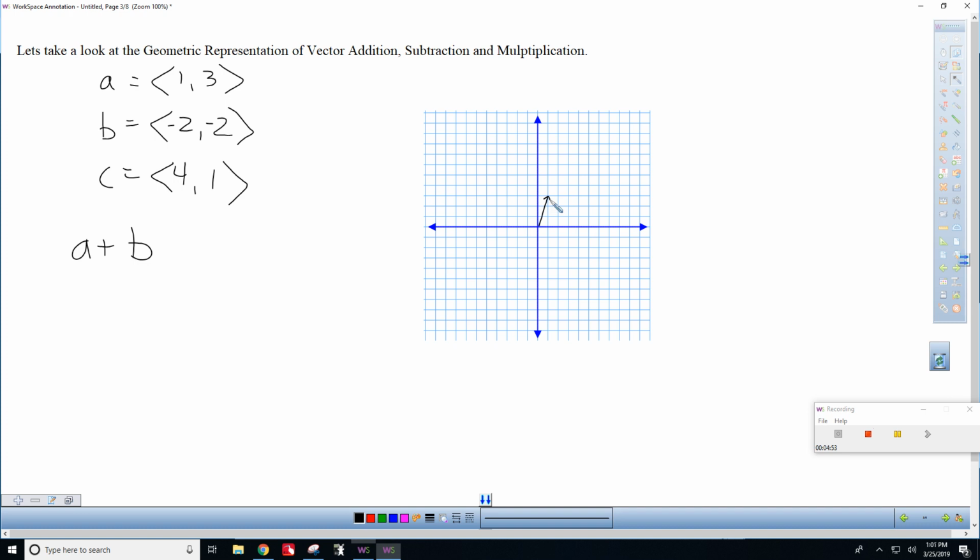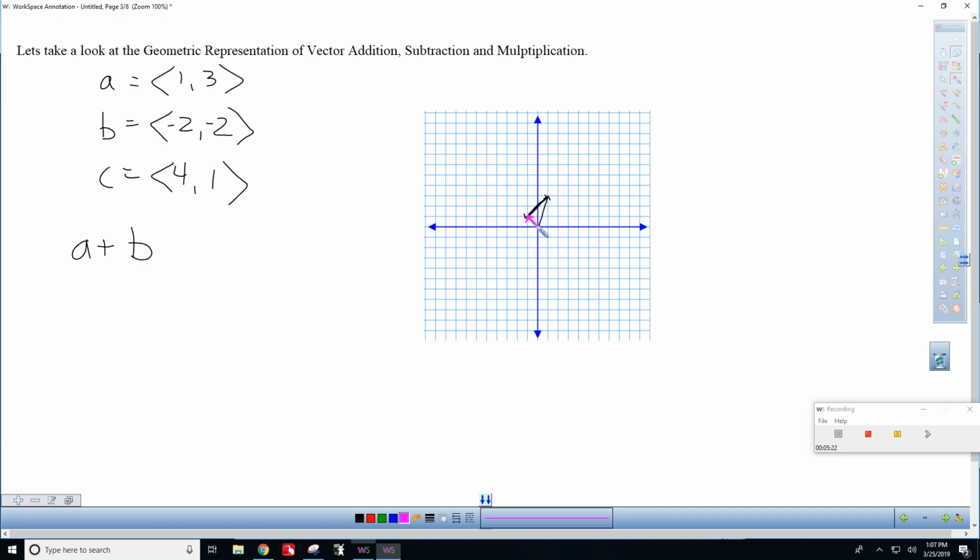But then from there we take B and we go left 2 and down 2. Well, what's the resultant vector? It's that one. That would be the actual distance that we traveled if we went A and then we also went B. We would end up at that pink vector.